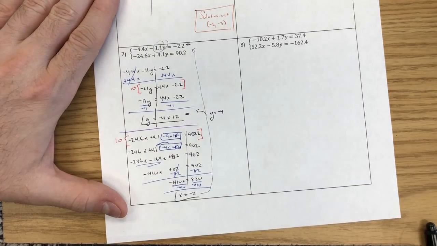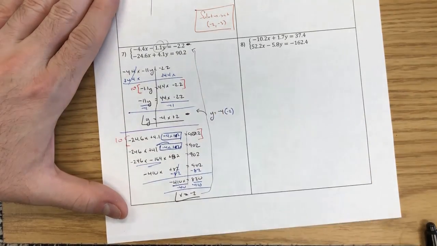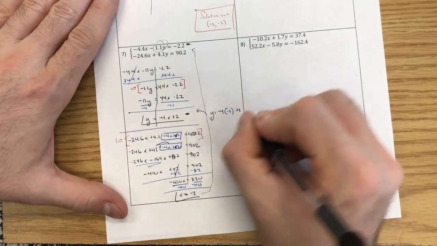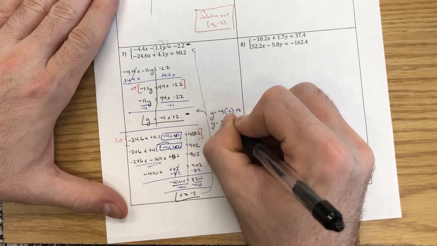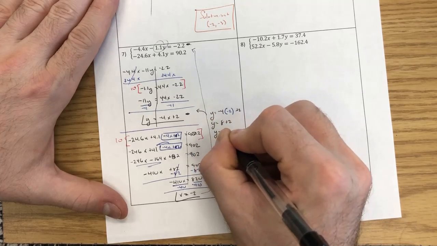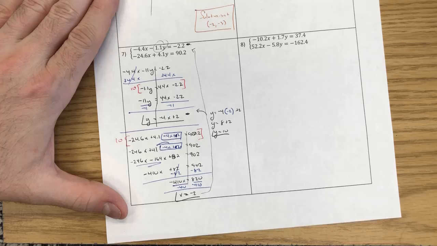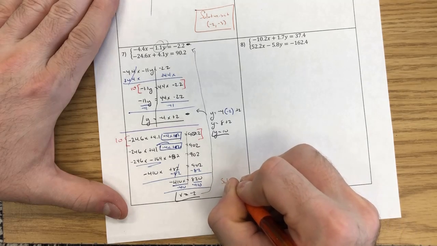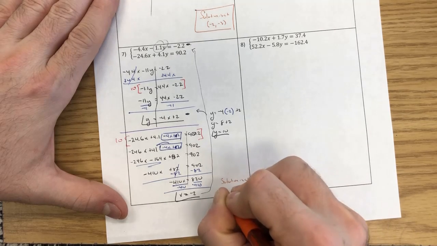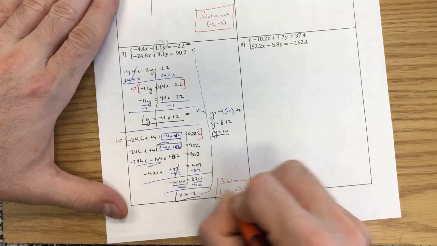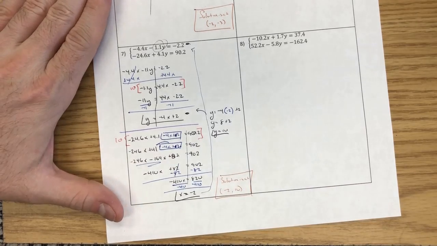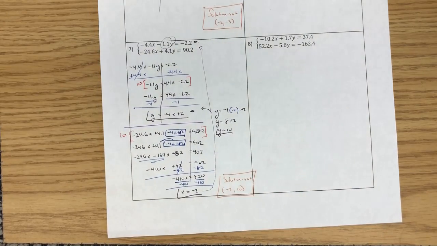Negative 4, I'm plugging in negative 2 plus 2. So we say, hey, found the solution. It's negative 2, comma 10. Boom. That is how we do advanced substitution.